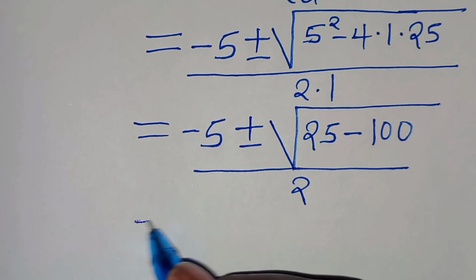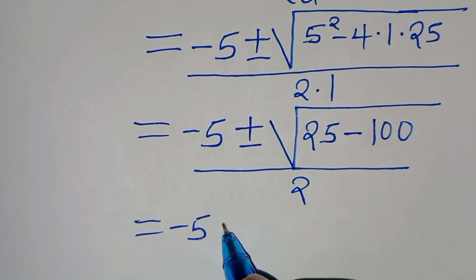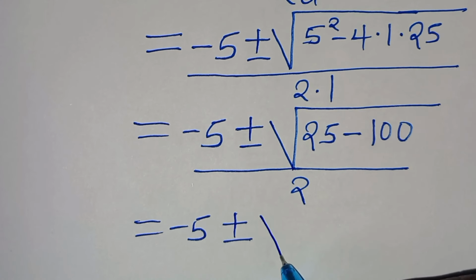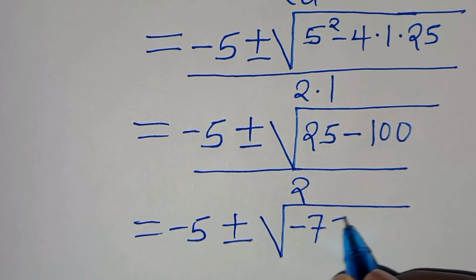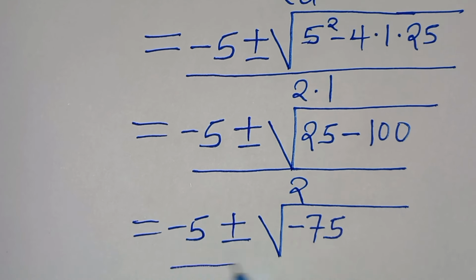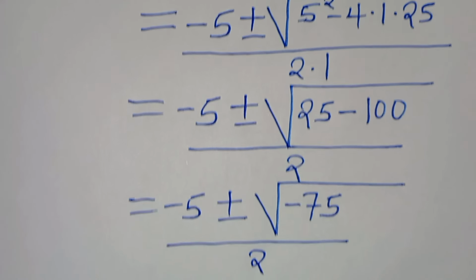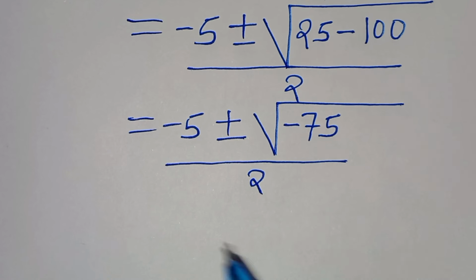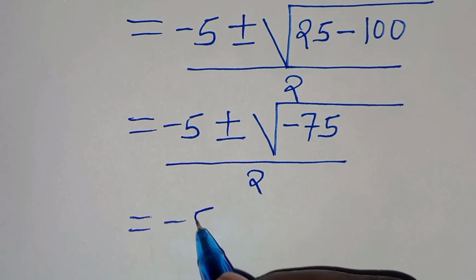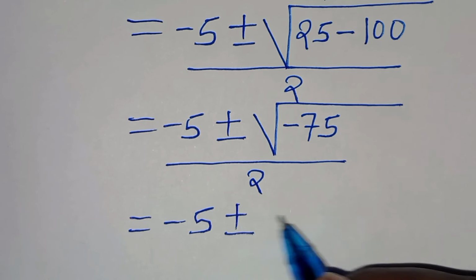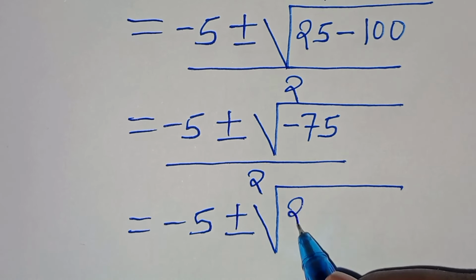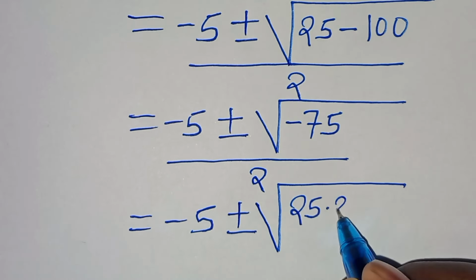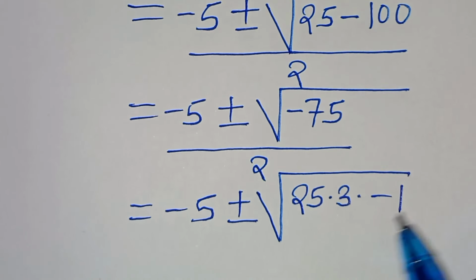So this is minus 5 plus or minus the square root of 25 minus 100. This is minus 75. Everything here divided by 2. And therefore, here we have minus 5 plus or minus. We can express the square root of minus 75 as 25 multiplied by 3, multiplied by minus 1.